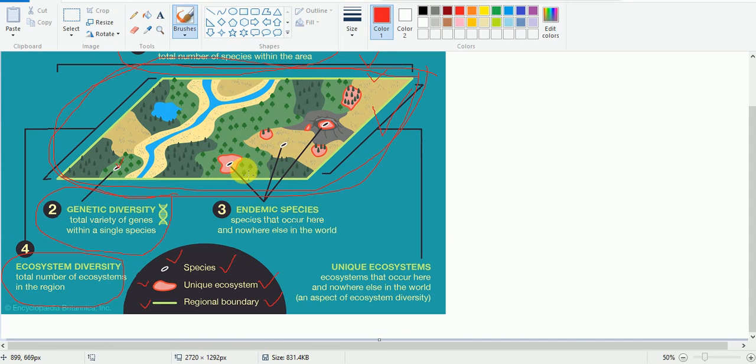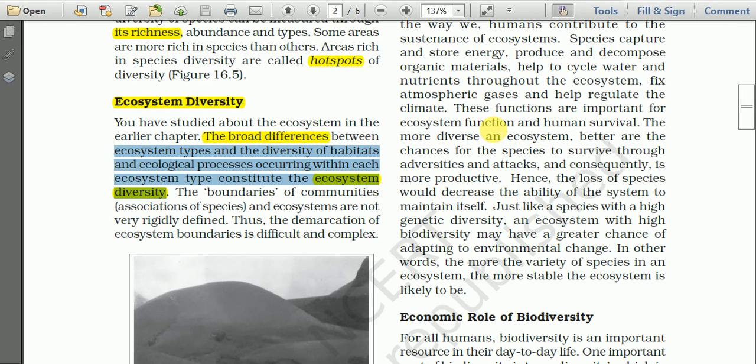Here we have a unique ecosystem, and we have another one here, another one. These are unique ecosystems, and so it tells the ecosystem diversity. Ecosystem diversity refers to the variety of ecosystems that species create.